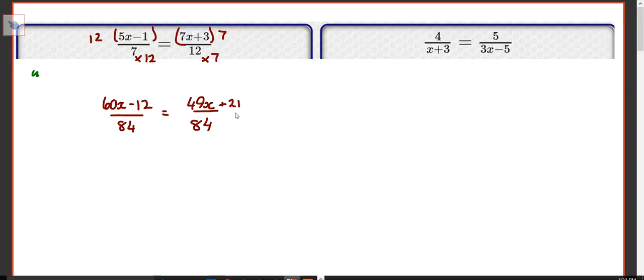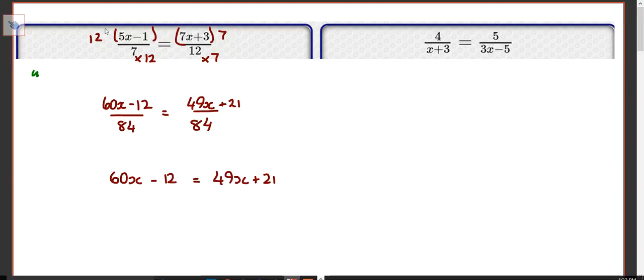Right, so what's the deal here? What can we do at this stage? Remove the denominator. Why? Because it's the same as having like a 1 under both. There are two ways to think of this. Because the denominator is the same, the numerators must be the same. So we can logically just write that 60x minus 12 has to equal 49x plus 21.